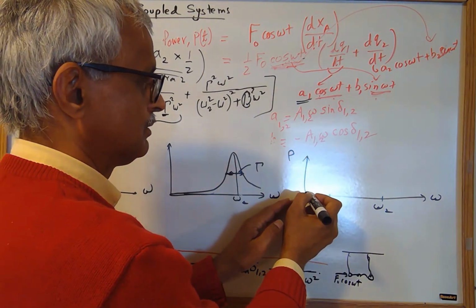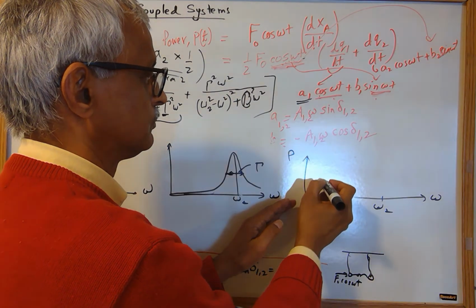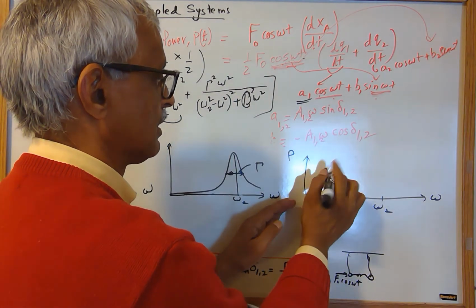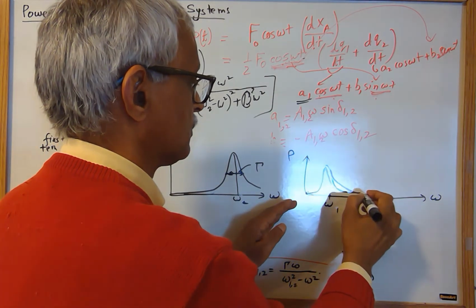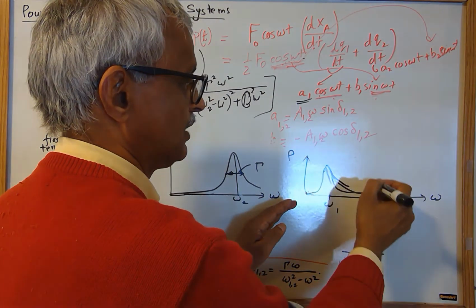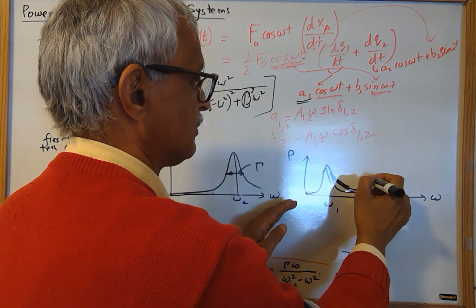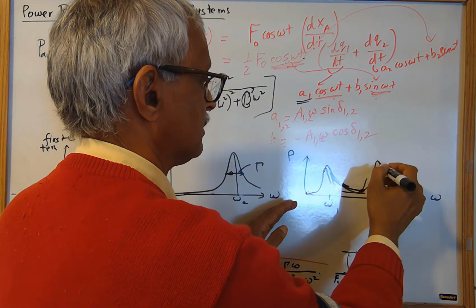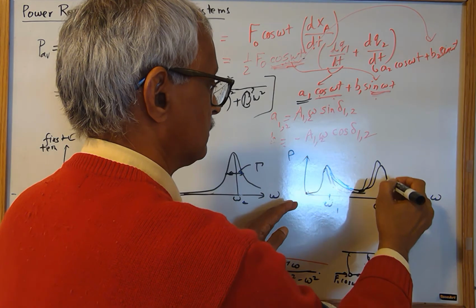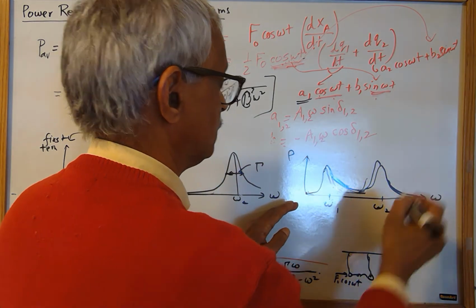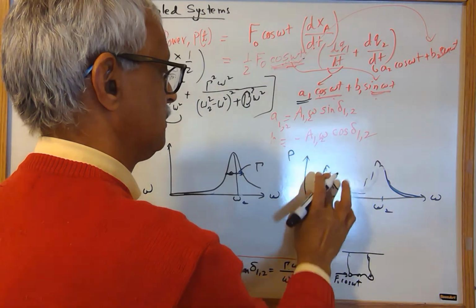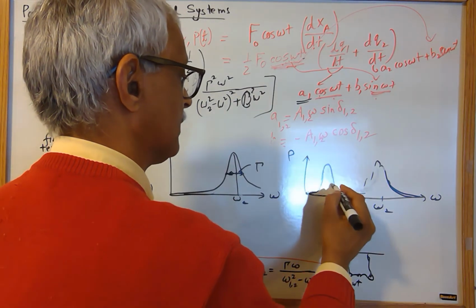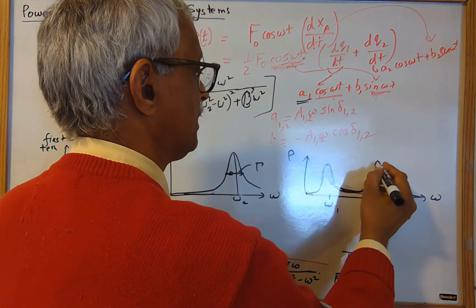You're going to get points like this, but then these start to add here, so you're going to get peaks wherever the normal modes are.